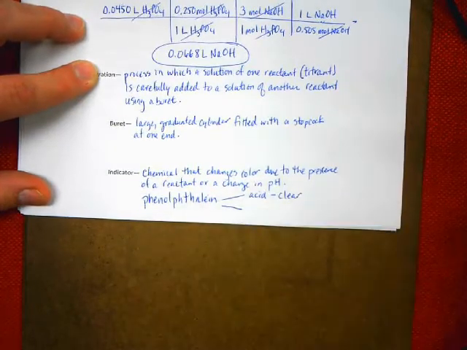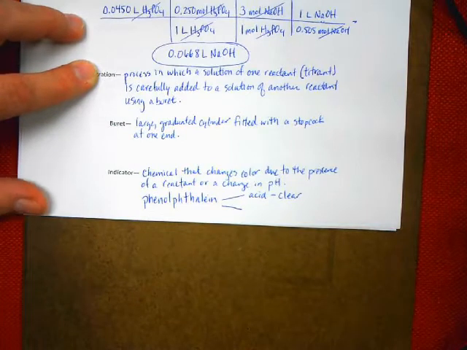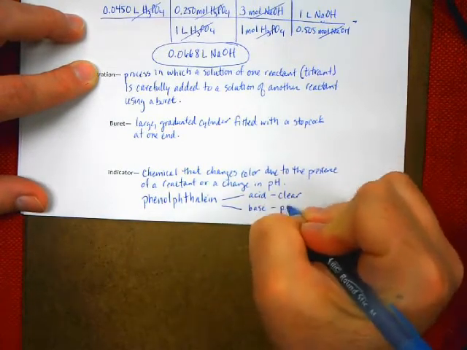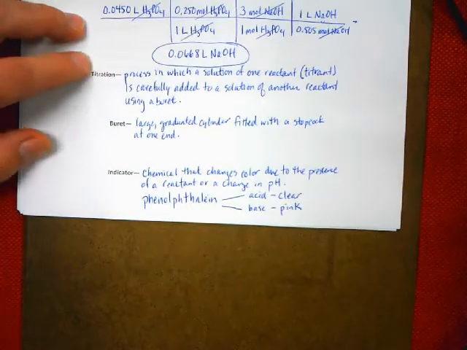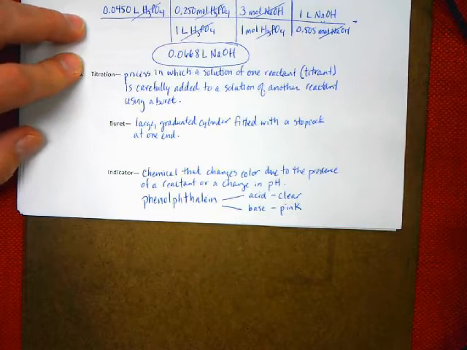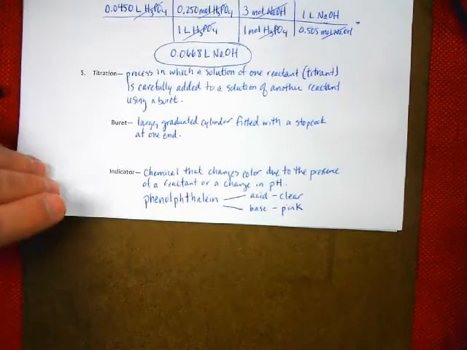But as soon as the pH changes over 7 and becomes a base, it's going to turn a very bright pink color. And that'll be demonstrated by the learning facilitator when you are ready for this demonstration.